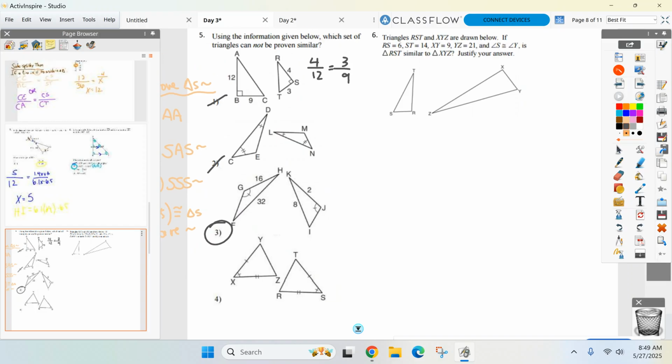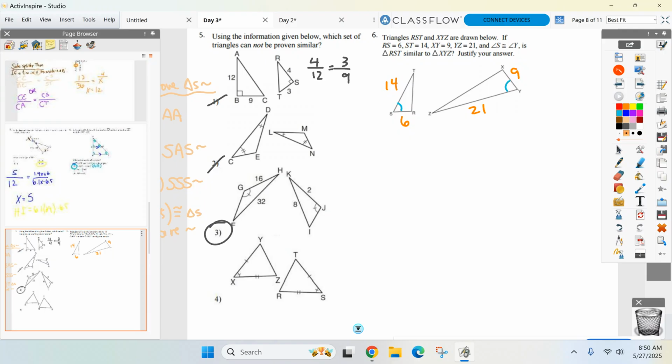And as I walk around, go ahead and try one on your own, number 6. With this given information, are these 2 triangles similar? Well, there could only be one possible method based on what we gave you up there, right?